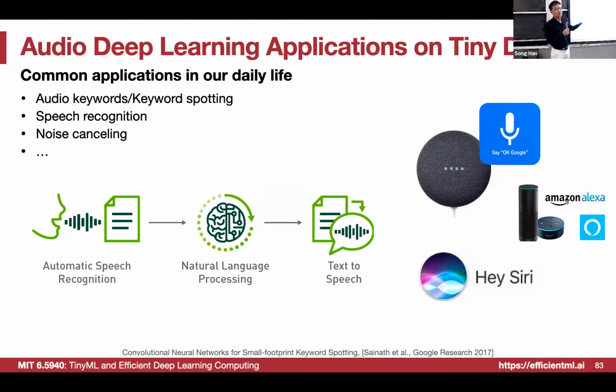And there are other keyword spotting and speech recognition tasks. GPT-4 already included that. You can talk to the latest ChatGPT using speech interaction. But having them on this edge device is quite helpful. It's real time, doesn't leak your information, and gives a perfect human-machine interaction experience.